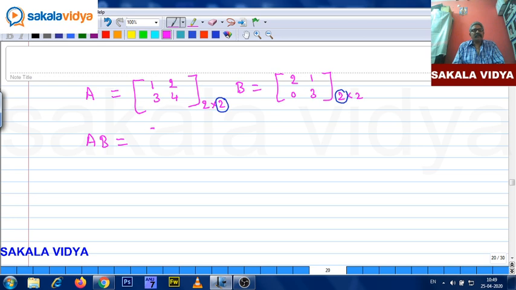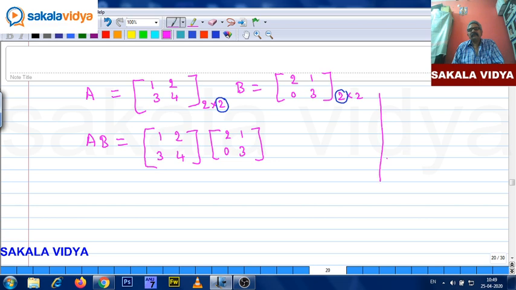So, this is [1 2; 3 4] multiplied with [2 1; 0 3]. How to multiply? You need to follow the row by column method. That means we consider the rows of the first matrix with the columns of the second matrix.